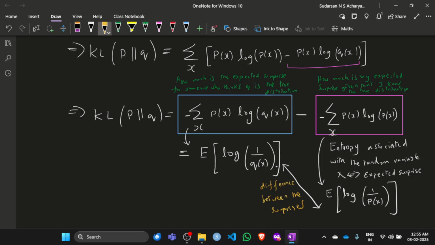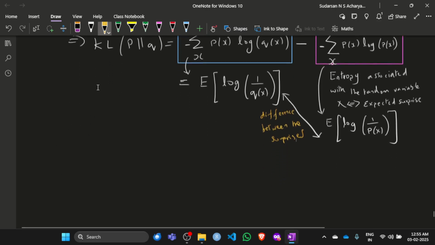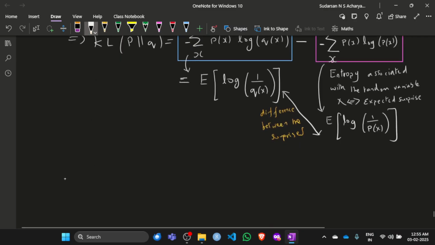Now, obviously, if Q and P are the same, your friend's surprise is not going to be different from your surprise. So the divergence is going to be 0. But as soon as there is a difference between Q and P, then the surprise is going to build, right? So this is the KL divergence. This is basically the difference in the surprises, so to speak, or how different these two distributions P and Q are. So I'll write it one more time.